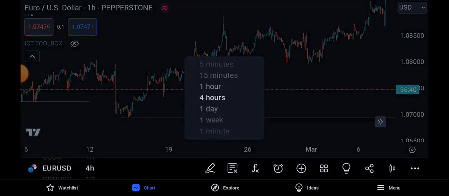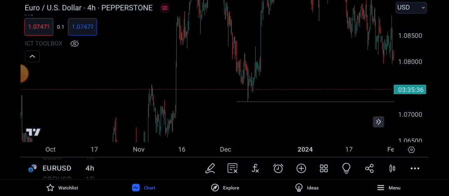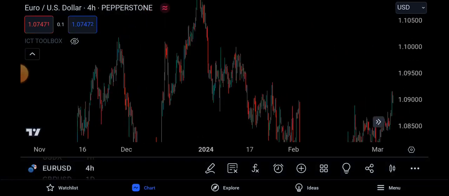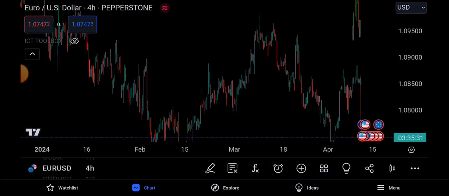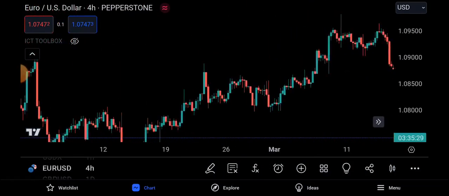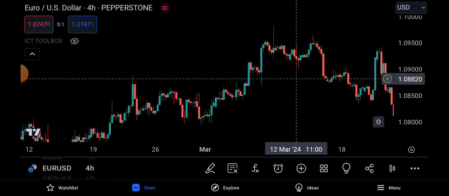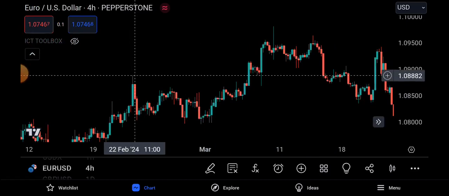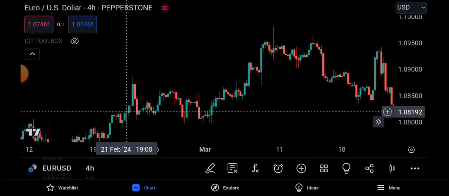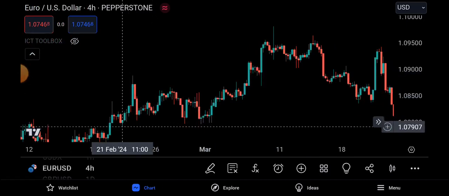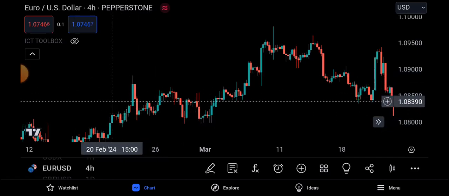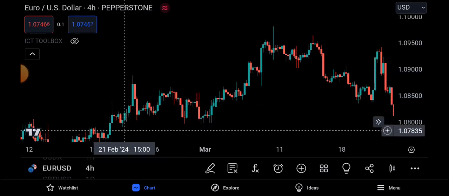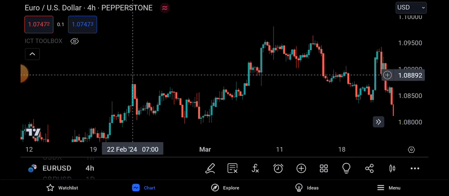Can I move to maybe the 4 hour, see if I can find something on a higher time frame? Maybe this could be a breaker. This one right here, it is a breaker. Okay, so we have a high, higher low, higher high.